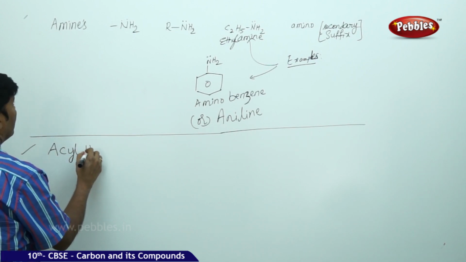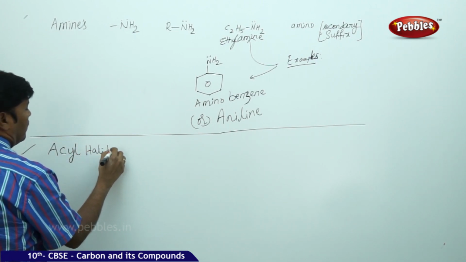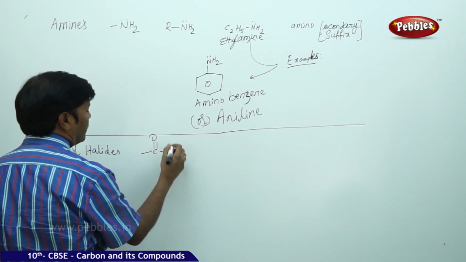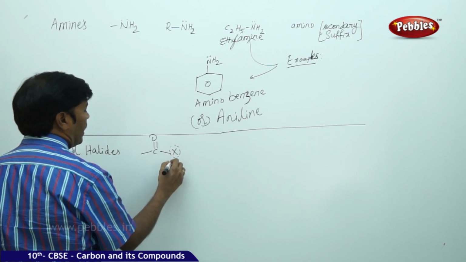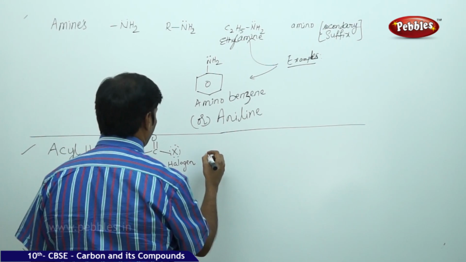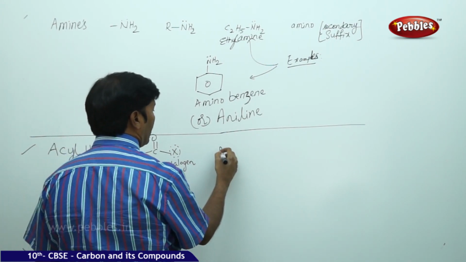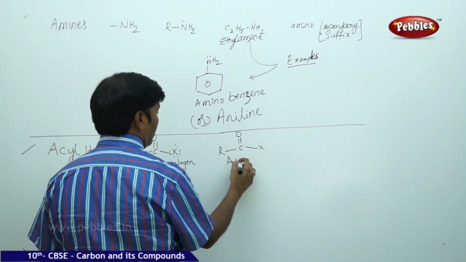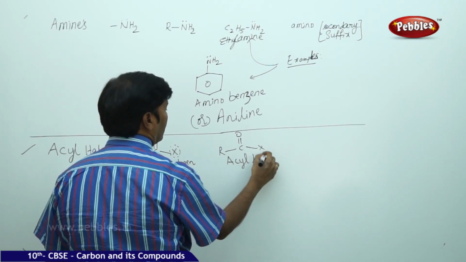Acyl halides. Functional group: C double bond O of X, where X is the halogen. Example, general formula, we can take R C double bond O of X, acyl halide.